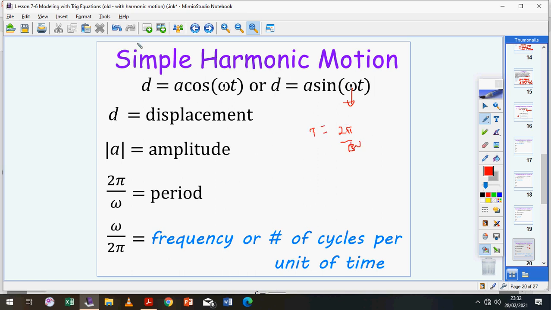And the frequency is the inverse of the period, because frequency is how many oscillations or cycles are completed in 1 second or 1 unit of time, and period is simply how long it takes to complete 1 cycle. So once you have period, you just find its reciprocal. That gives you the frequency, and once you have frequency, same thing, its reciprocal will be period.